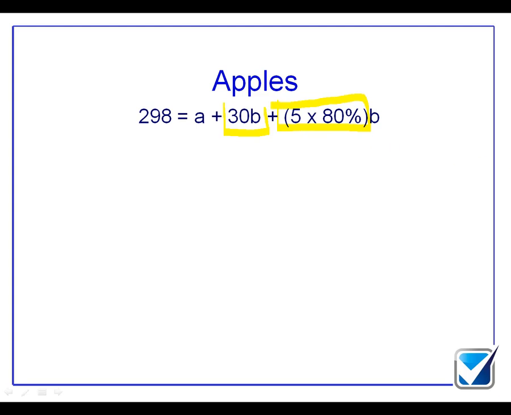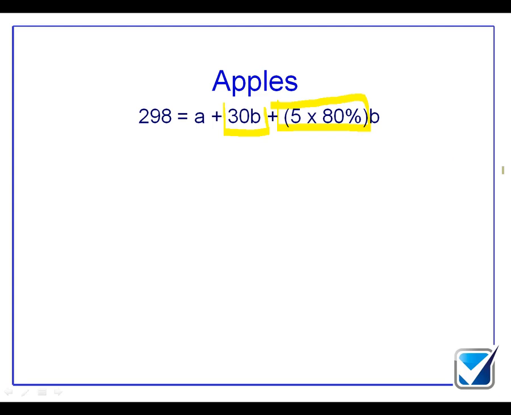Now the fixed costs will be A. The variable costs are going to be this 30B, because the first 30 apples we have to pay full price for. The other 5 we only have to pay 80% of the price because we get a 20% discount.